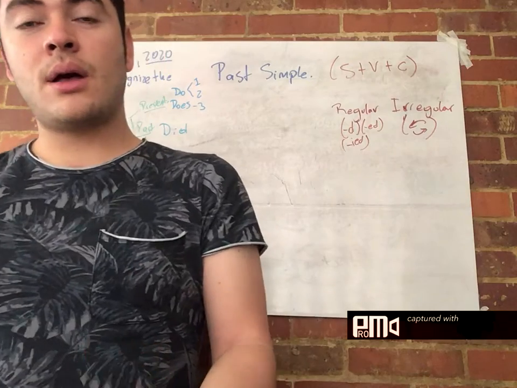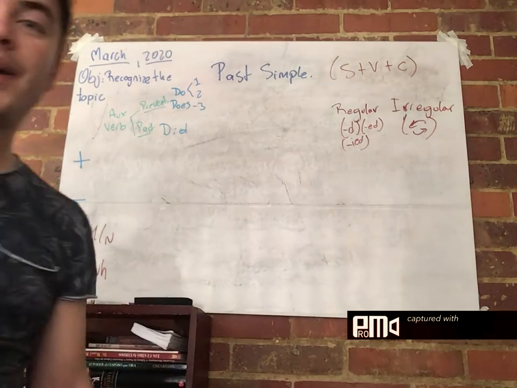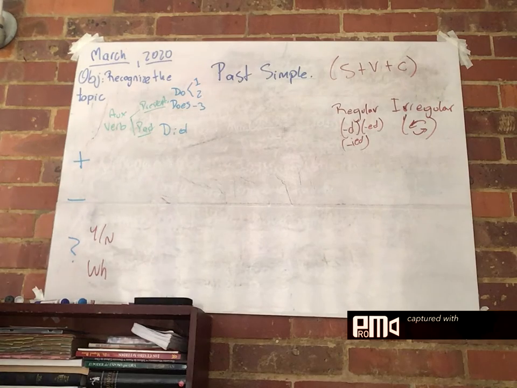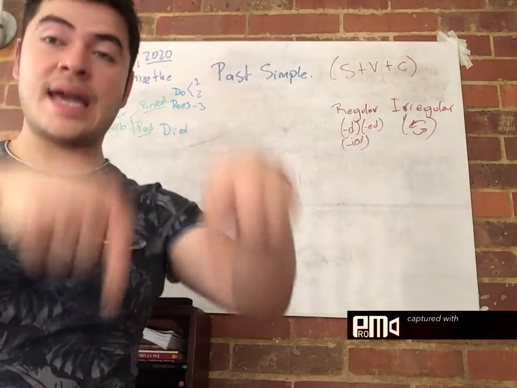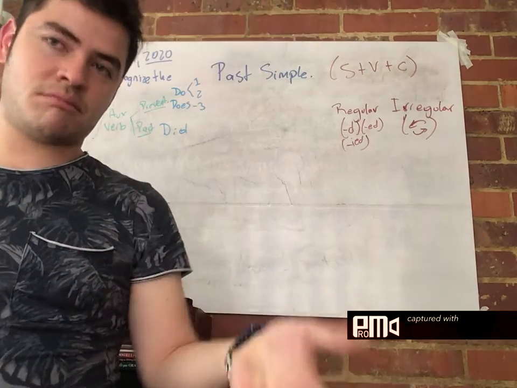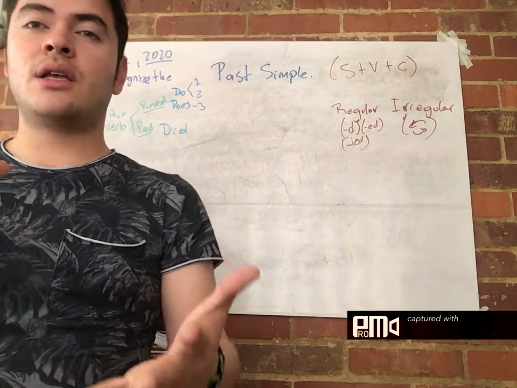And today, in this video, we are going to explain something about the past simple. We already know that the present simple is just in this time, in this moment. We have something like a routine, something in general.